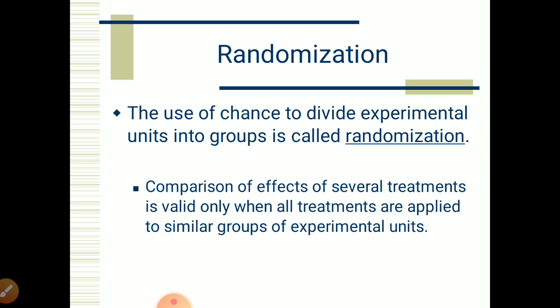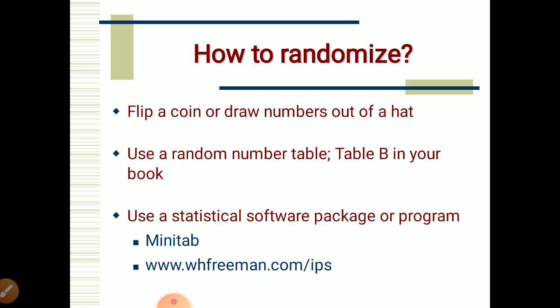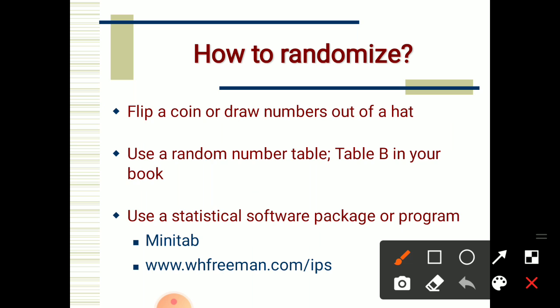How to randomize also came up in the last class: either by the lottery method, the flip of the coin method, or using the random number table. If the experimental units are exhaustive in number, then the random number table can be utilized.